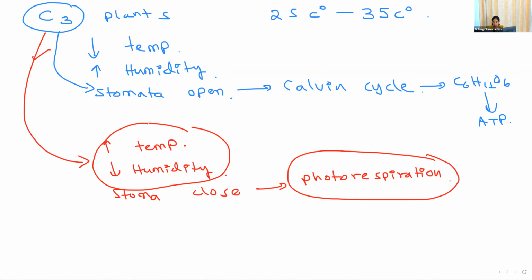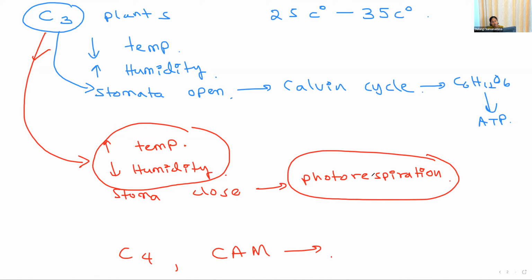These are the questions. Write down this. C3 plants don't have any adaptations. I'm going to do C4 and CAM. You will see adaptations to avoid photorespiration. But C3 plants most of the time experience good environmental conditions.